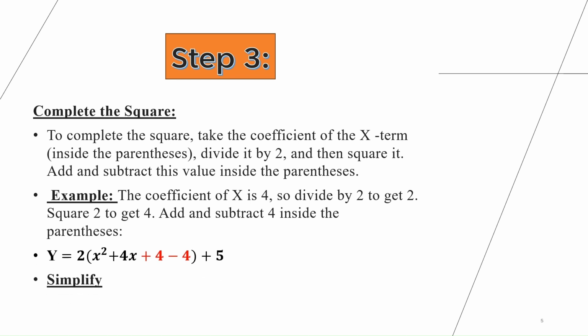So y equals 2 bracket x squared plus 4x plus 4 minus 4 close bracket plus 5. Then you simplify it, you're supposed to end up with y equals 2 bracket x plus 2 all squared minus 4 close bracket plus 5.